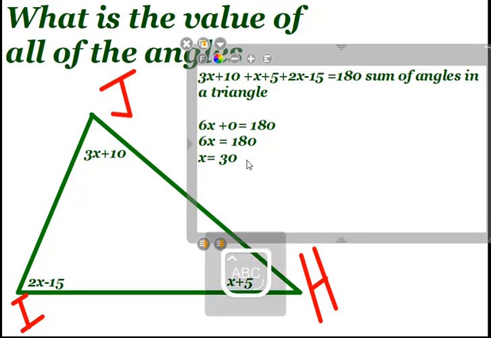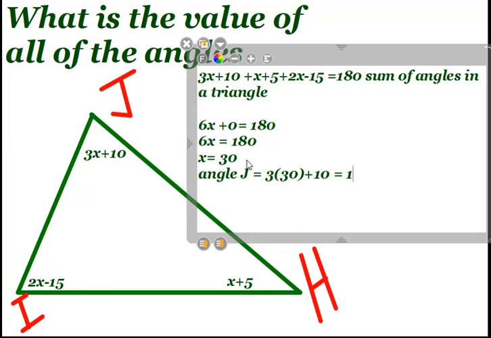So let's look at angle J. Angle J is equal to 3 times 30 plus 10, which is equal to 100 degrees.